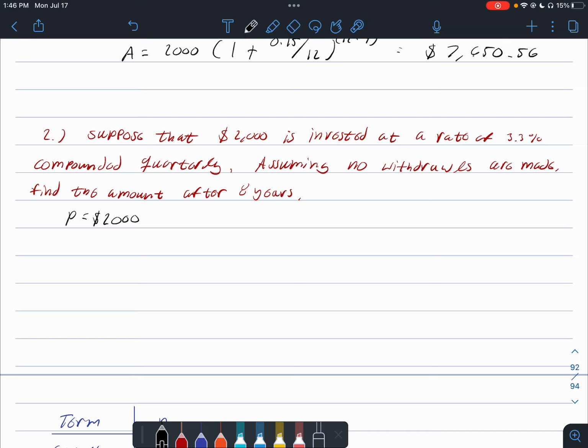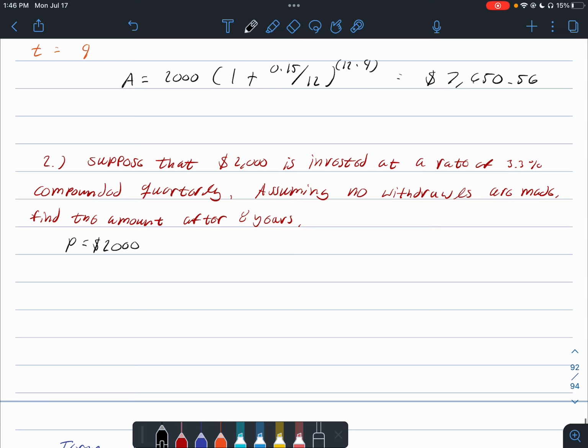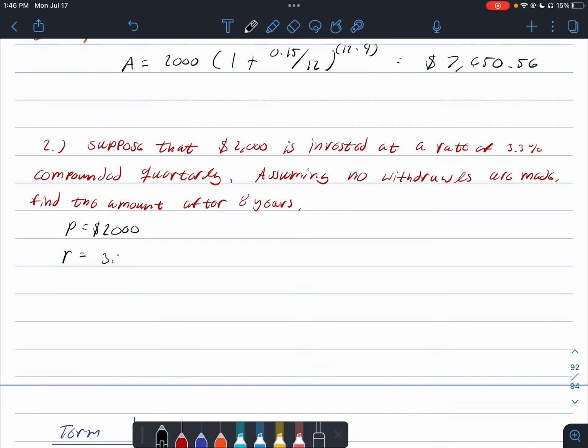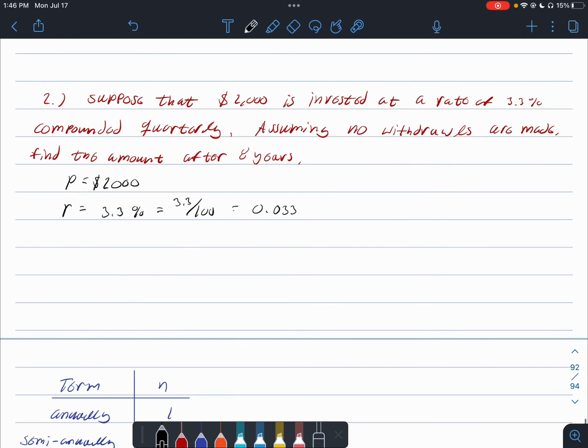All right. So let's take a look at our R value. Our rate we said was a rate of 3.3%. And if we do 3.3 divided by 100, we'll get 0.033. And then we have N, that's the number of times per year it's compounded. And here it's compounded quarterly.